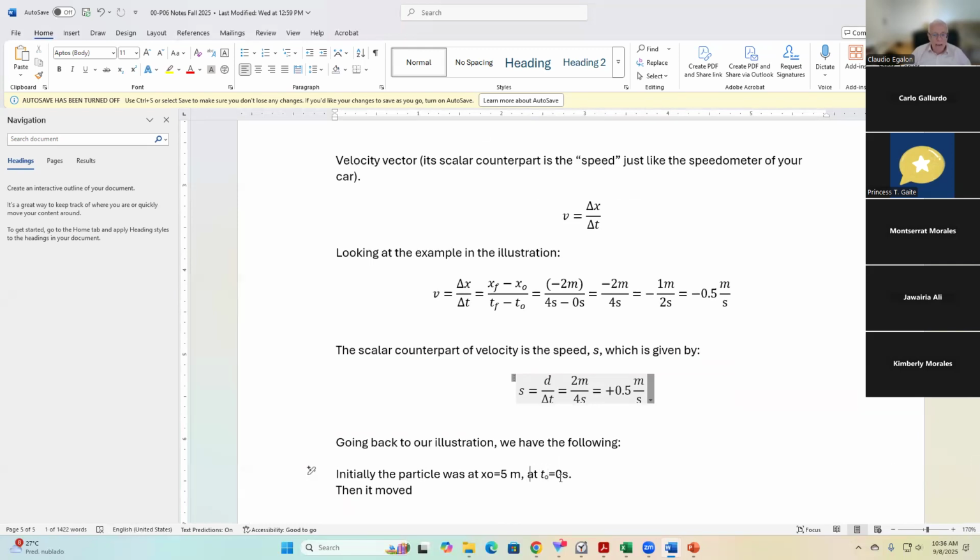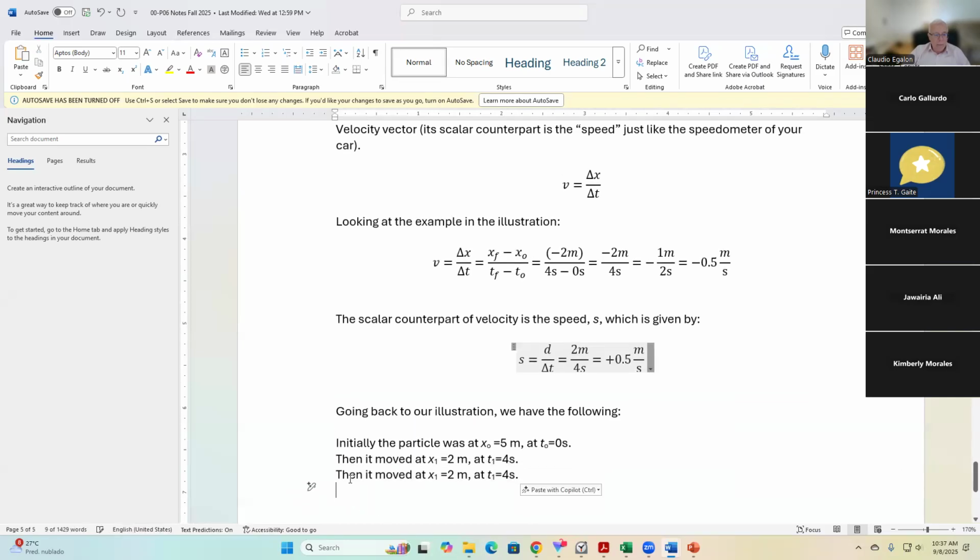Then it moved to x1 equal to 2 meters at t1 equal to 4 seconds.